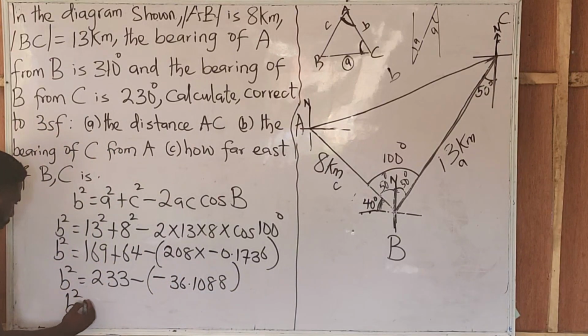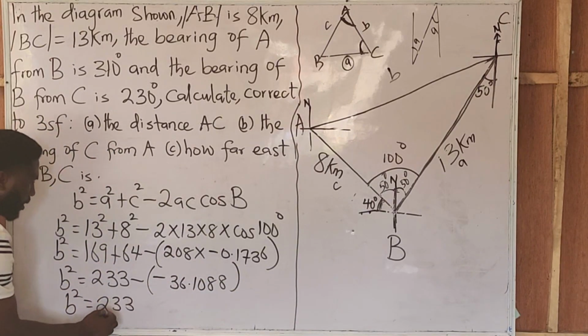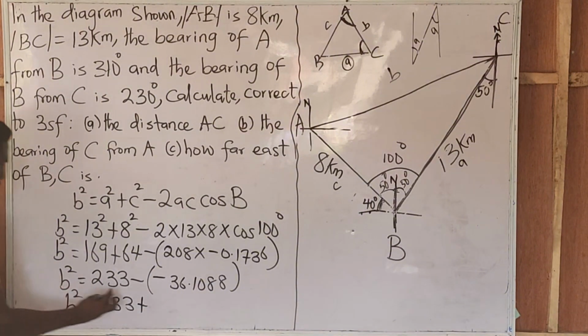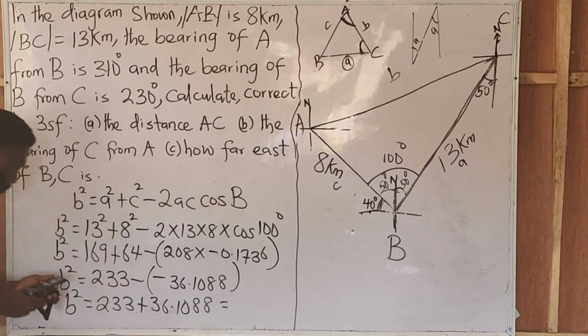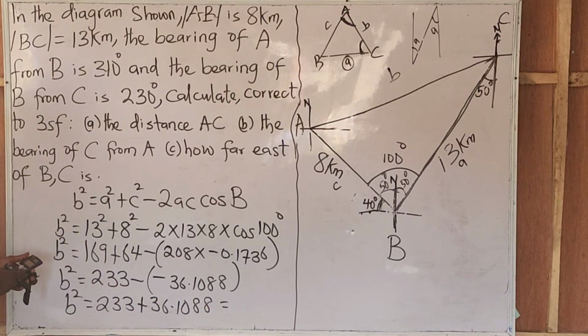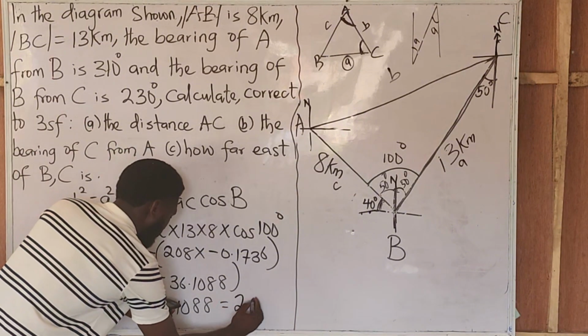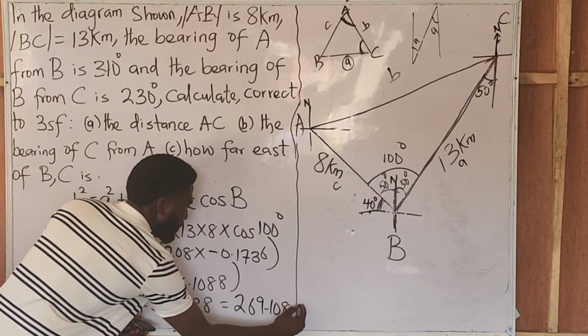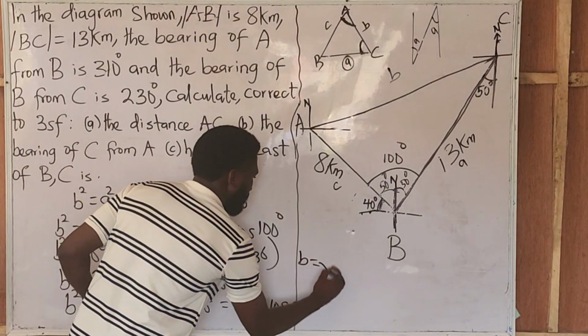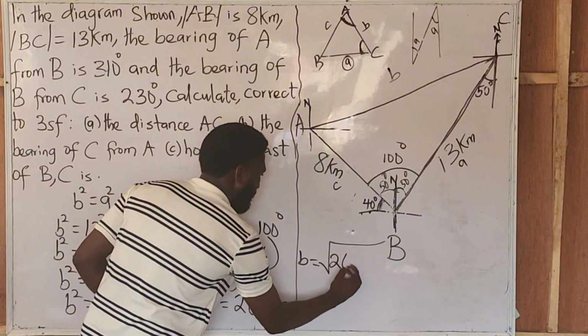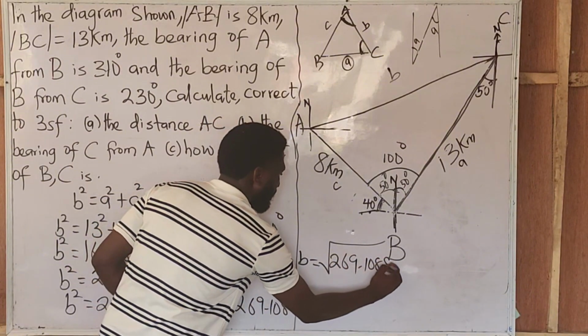So b squared now equals 233 minus times minus, which is plus, 36.1088. So the answer is 269.1088. This is the value for b squared now, but we want to get b. So b now will give us the square root of 269.1088.